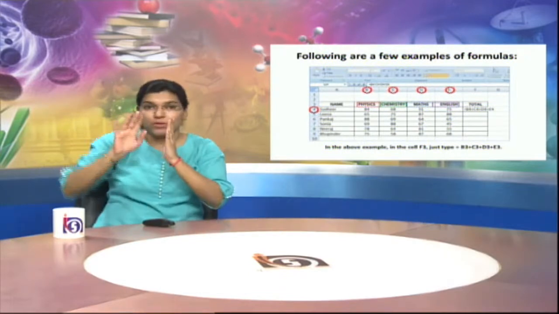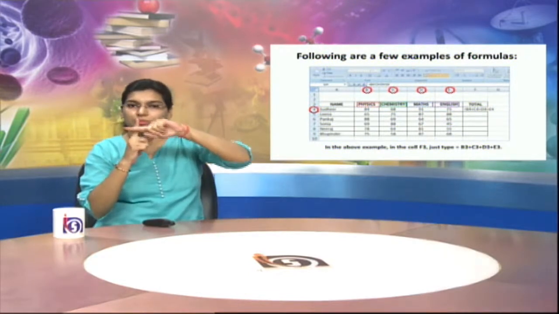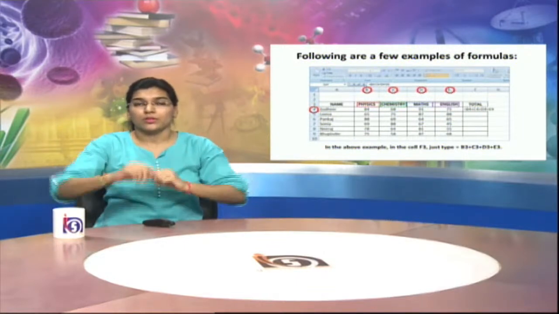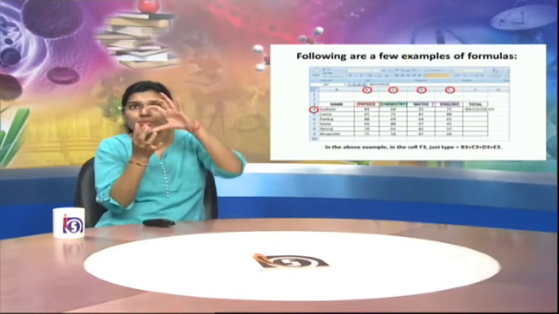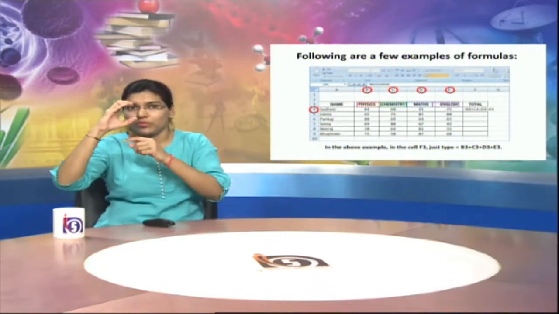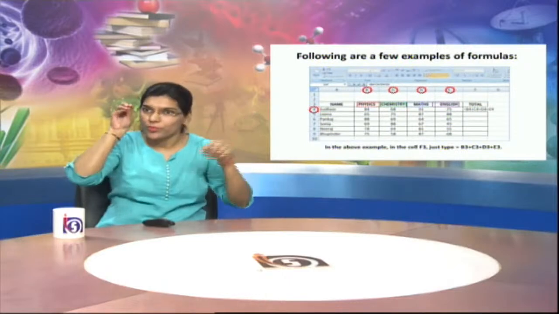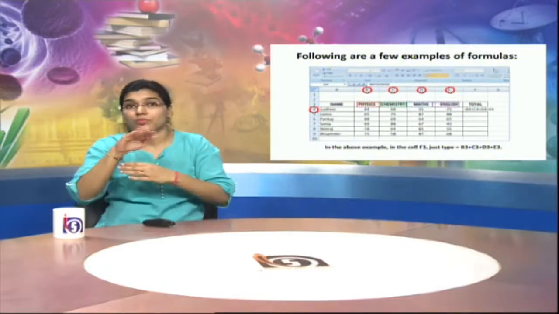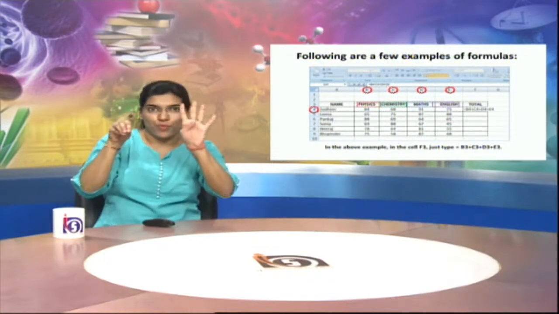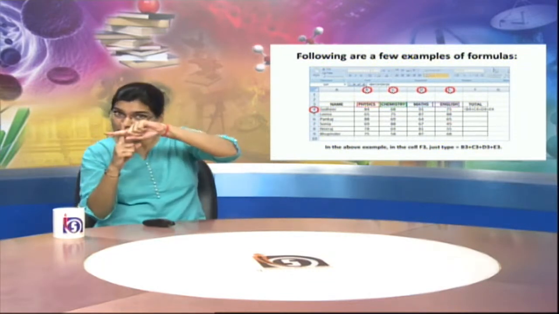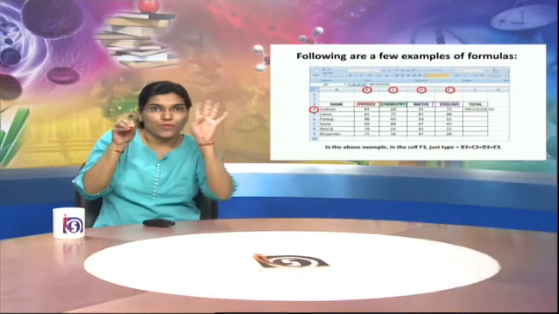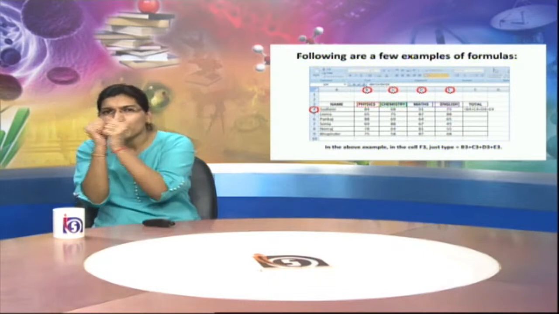So you have to match that cell from B4, that is 84 marks. So that cell number is B4, and you have to add B4, and after that chemistry marks are under column C, then mathematics marks are under column D, and similarly English marks are under column E.